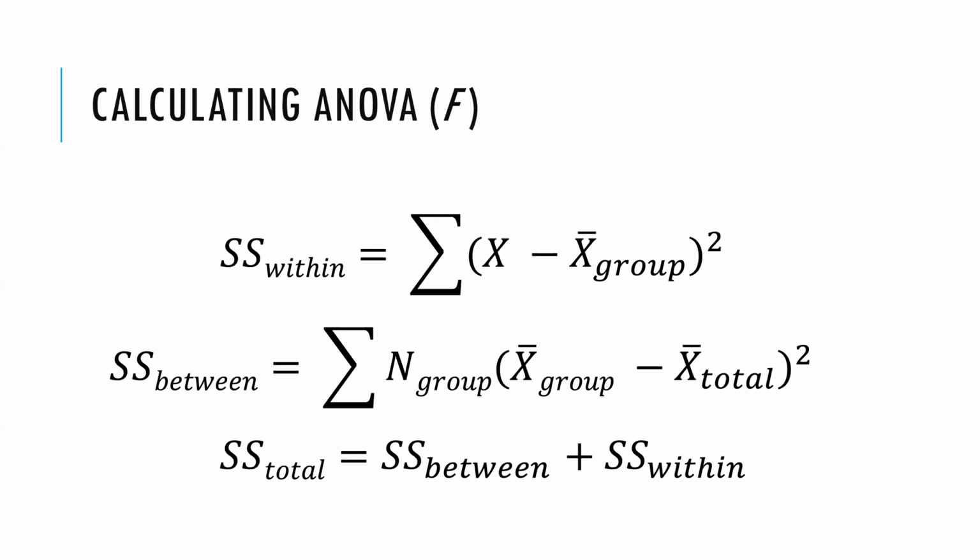So here are the calculations, the stuff we'd walk through by hand, like we'd actually do hand calculations for this. So we have sum of squared deviations within. If you look at this first line, SS within, it is the sum of the raw scores minus the mean of the group, squared.